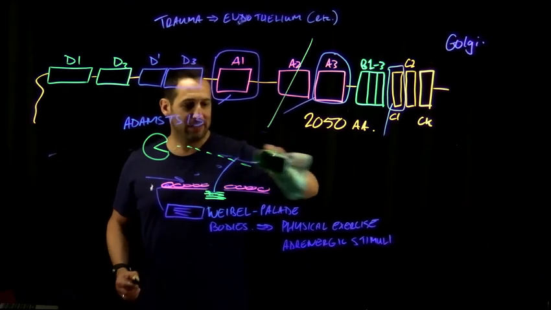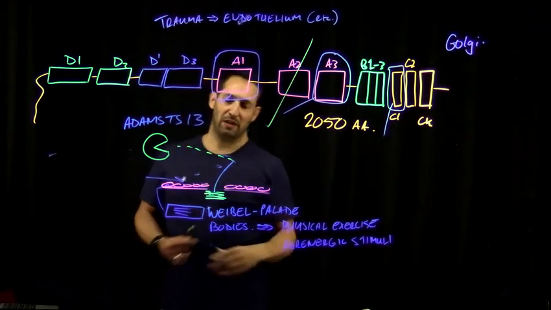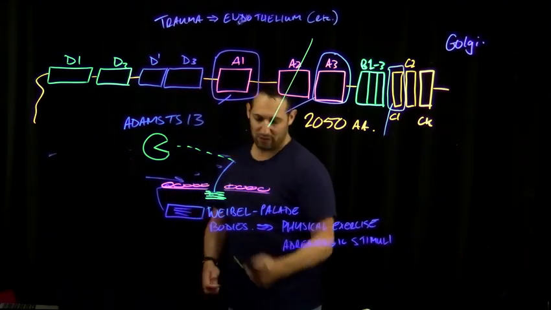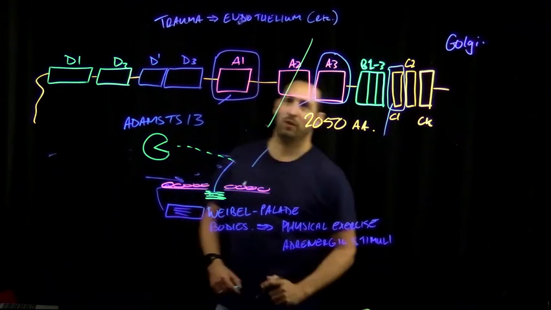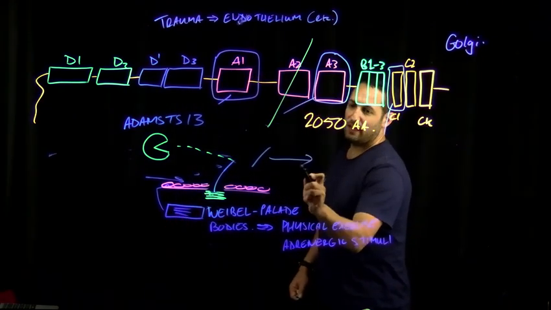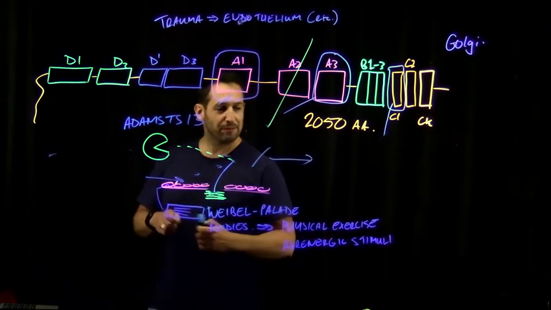So these fragments split off. They go into the blood flow, into the middle of the vessel where the flow is quickest, and they get carted off to the liver, crunched up, and sorted out.